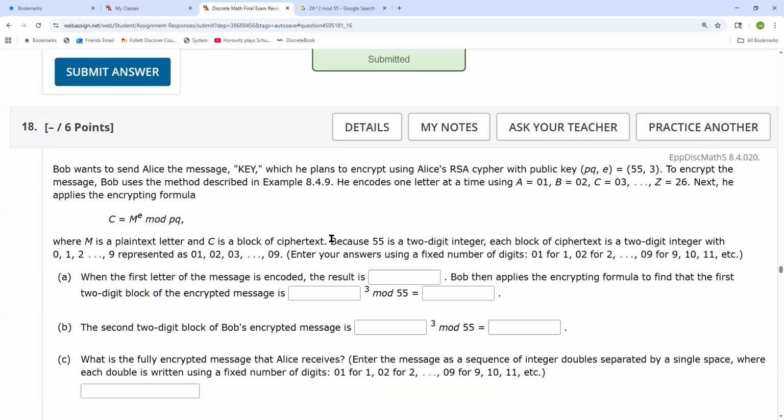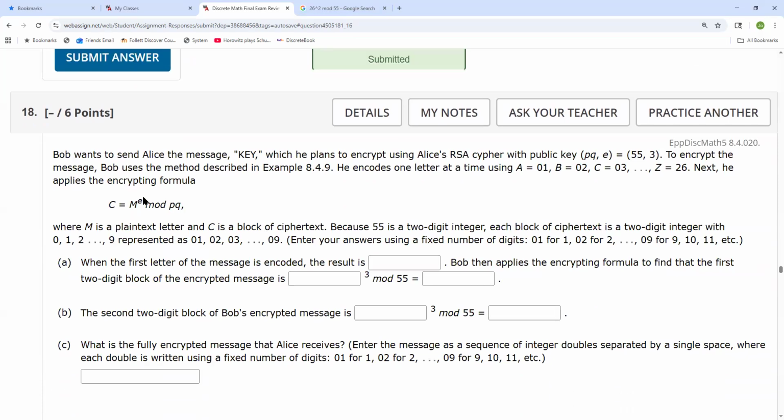Okay, let's go to this one. So remember the formula is the message to the encryption exponent mod PQ equals the ciphertext, right? So when the first letter of the message is encoded, the message is KEY. What letter of the alphabet is the letter K? Is it the 10th or the 11th? I'll let you figure it out. 11th, correct.